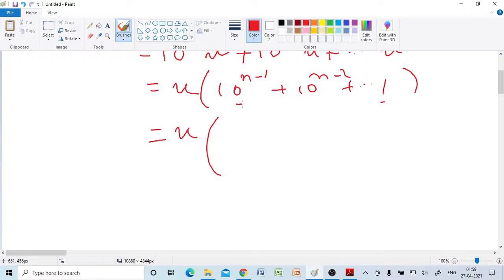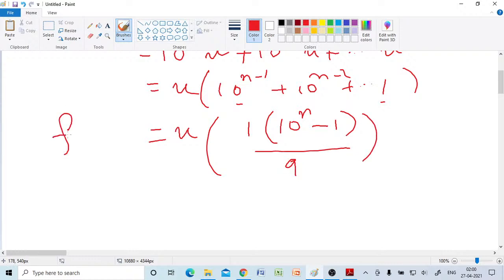So we can assume that 1 is the first term, so 1 times 10 to the power n minus 1. Since we are just multiplying by 10 and we are getting this, 10 is the common ratio here. 10 minus 1 is 9. So this is what f_n(x) is.